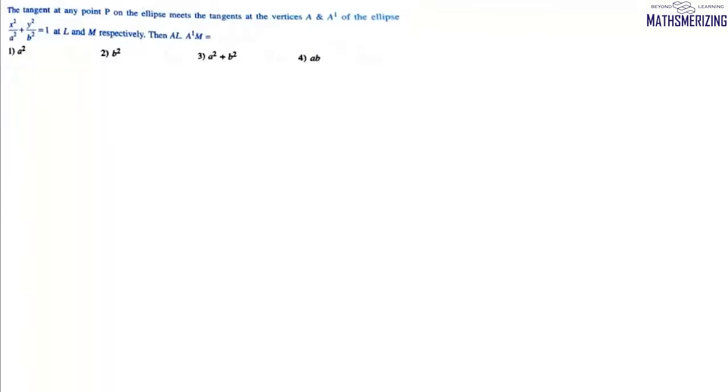Now here the question is, the tangent at any point P on the ellipse meets the tangents at the vertices A and A dash of the ellipse at L and M. Then we need to find the value of AL into A dash M. So we have any ellipse, which is x square upon a square plus y square upon b square equals to 1. Then at any point we'll draw a tangent.